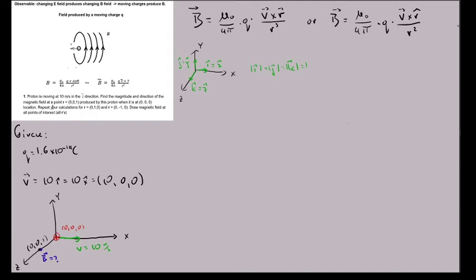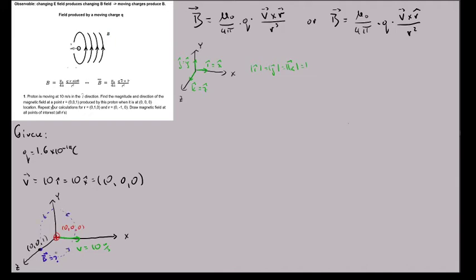Now I could use the right-hand rule to figure out the direction of the magnetic field all the way around this, because I could realize that the magnetic field points along this circle here. So there's a circular magnetic field that points like this.